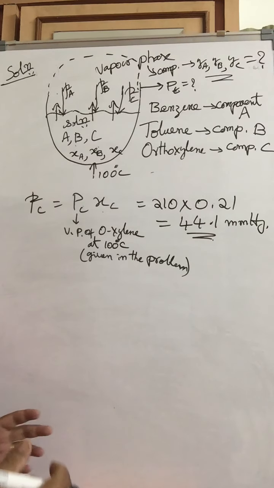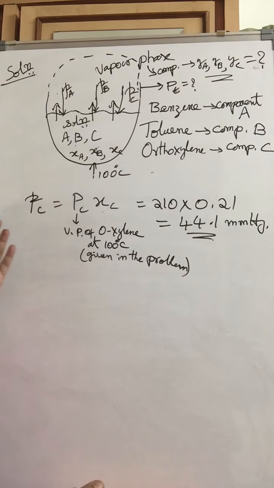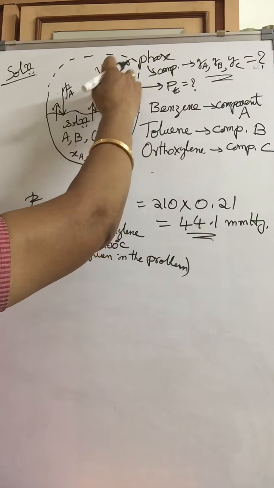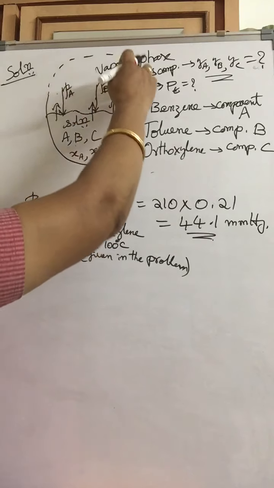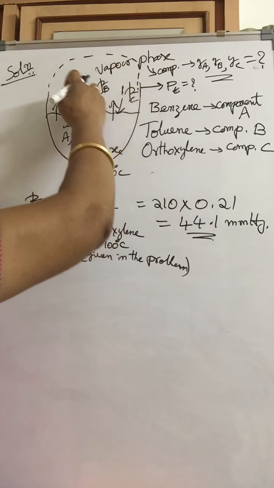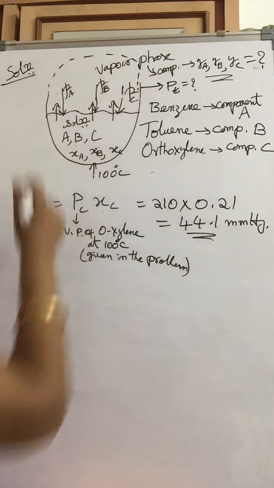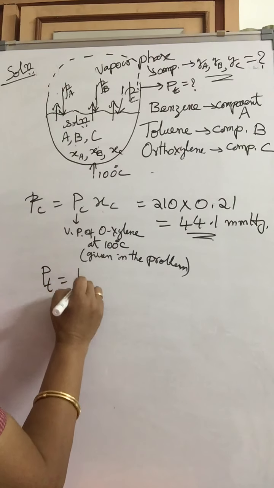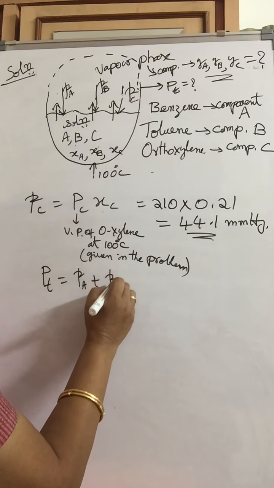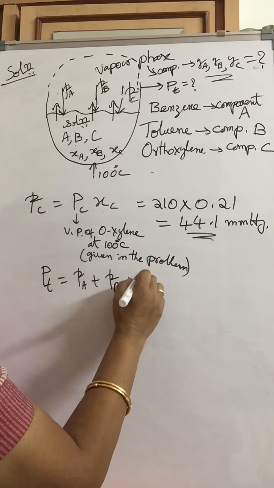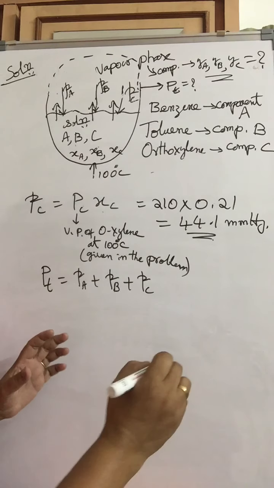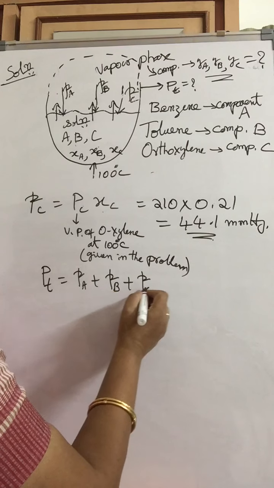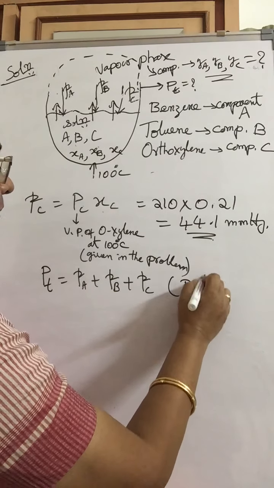So up to here we have calculated the partial pressures of all three components, PA, PB, PC. Now it is very easy to calculate the total pressure exerted by this vapor. The total pressure PT is equal to the sum of the partial pressures of all the components. Three components are there, PA, PB, PC. This is Dalton's law.